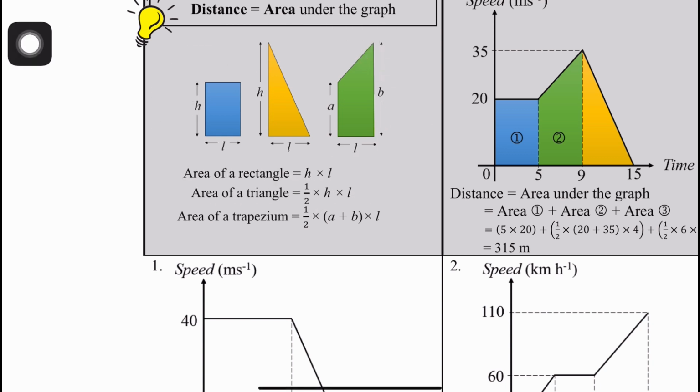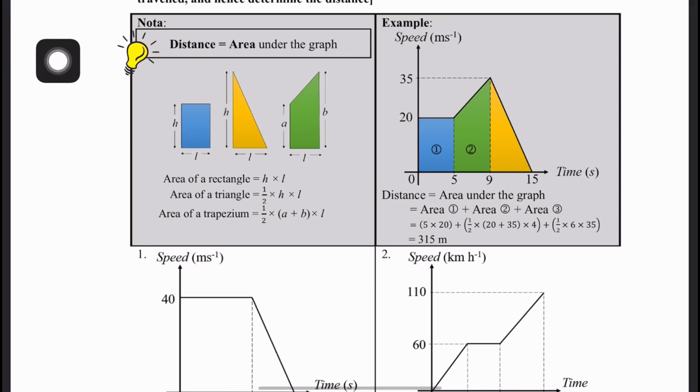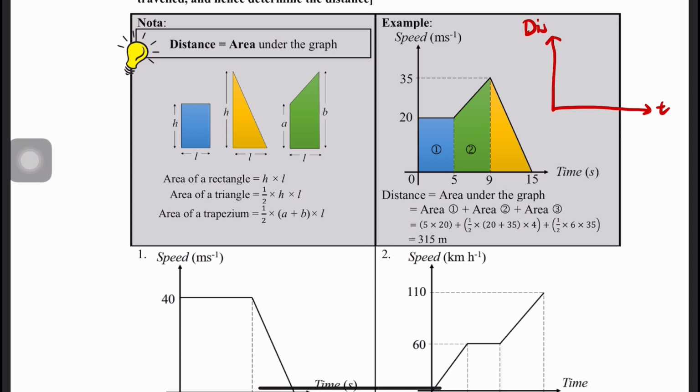And we know that distance is actually equal to the area under the graph. For the previous graph, distance time, which you learned before, to find the distance we just look at the distance axis, straight from the y-axis.